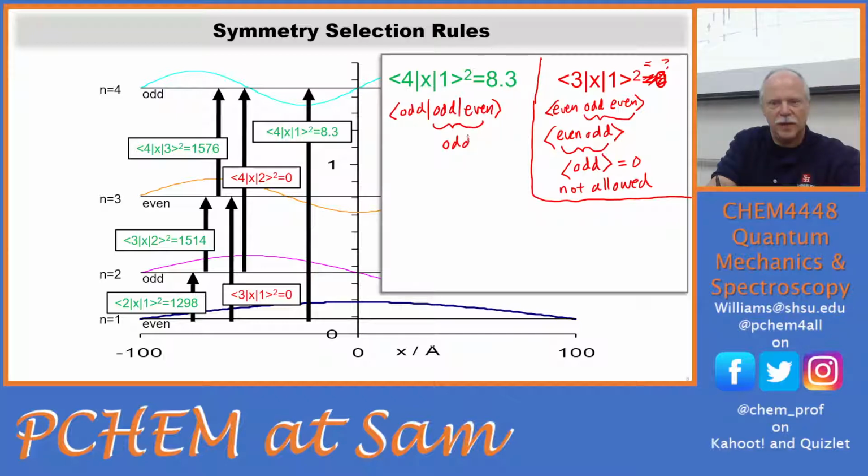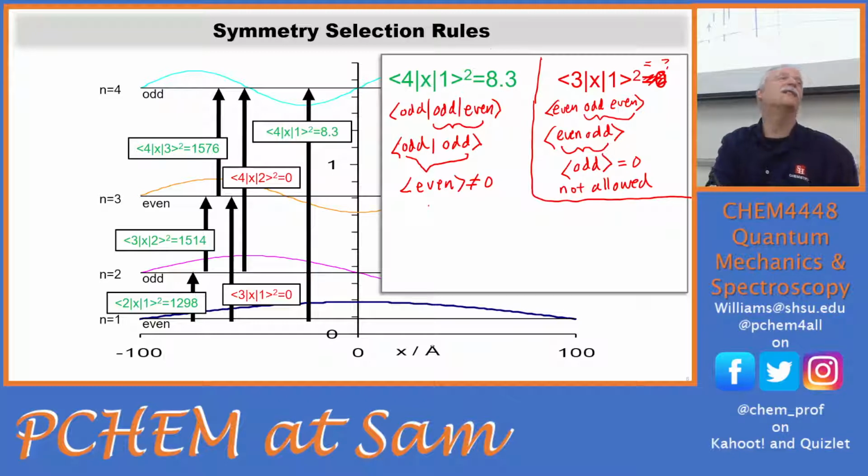Odd times even is odd. And so then, this screwed up my bracket. Okay, so then we have the integral over all space of an even function. And that's not equal to 0. So that will give a non-zero result.